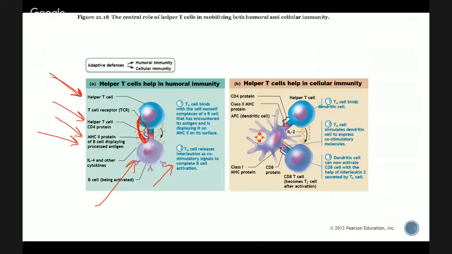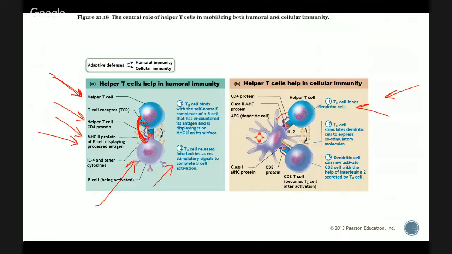Okay. Let's say that the helper T cell comes along and it wants to help in cellular immunity. All right. So first of all, the helper T cell needs to bind to the dendritic cell. Again, it's going to say, okay, this is the guy that I saw.